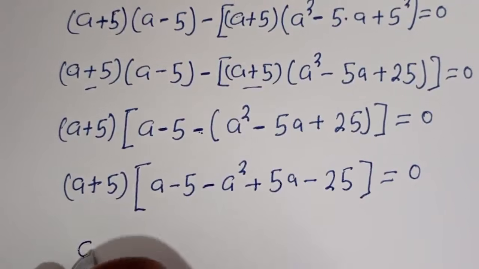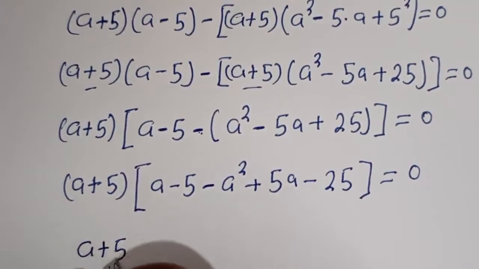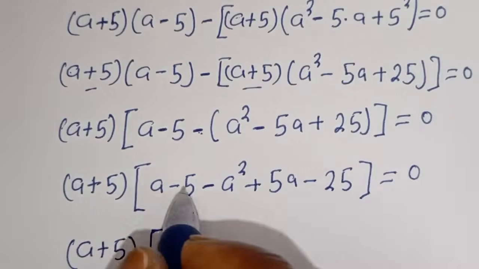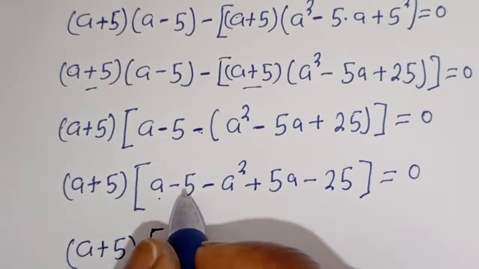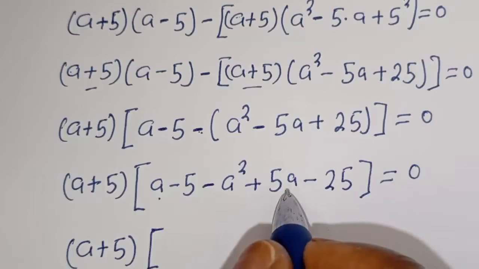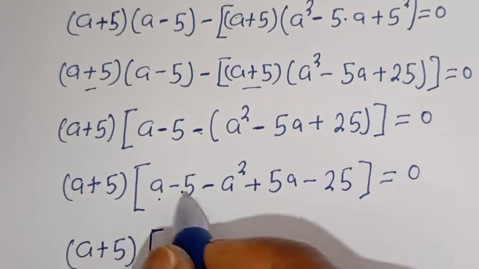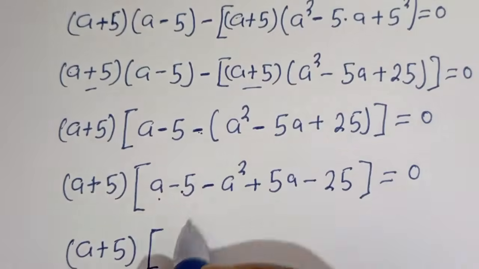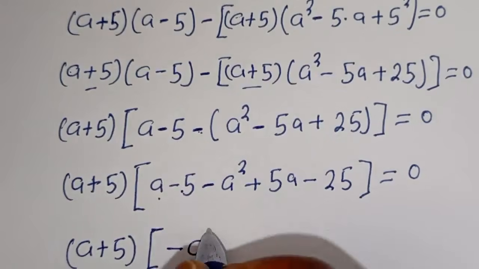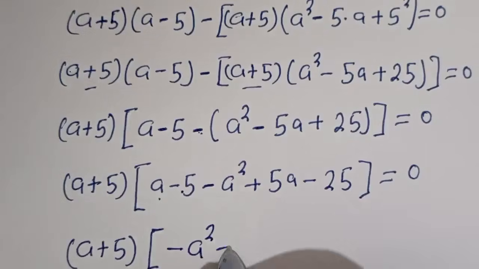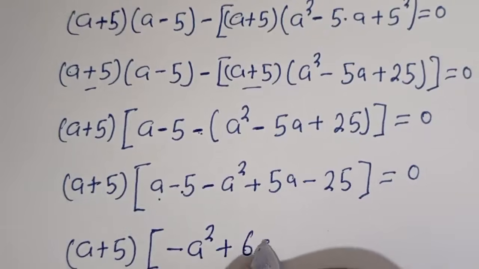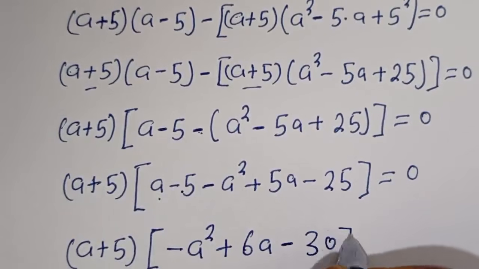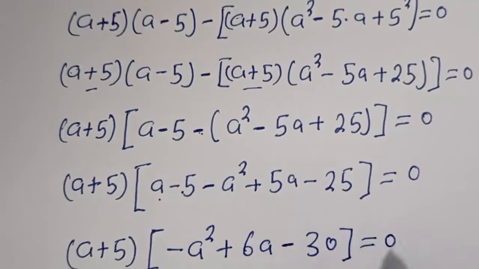Here we have a plus 5 bracket, then bracket here will be a plus 5a, that is 6a, minus 5 minus 25, that is 30, and then we have minus a squared plus 6a minus 30 is equal to 0.